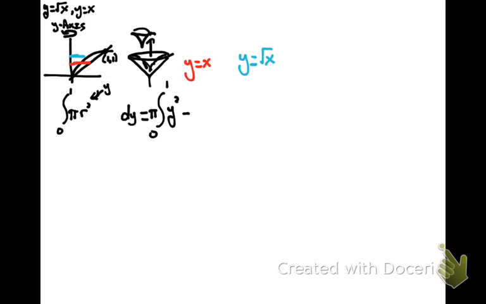So x is equal to y squared. Our inner radius of our object is going to be y squared.